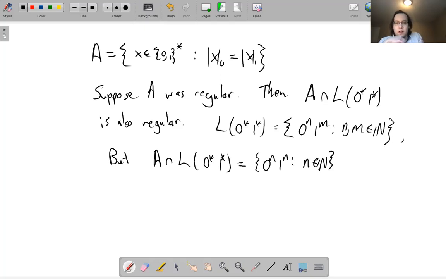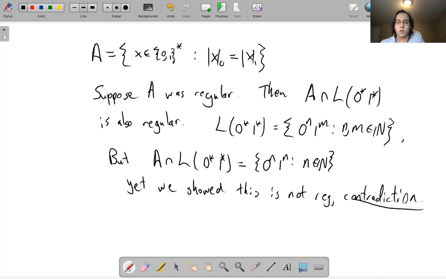That's because L has a sequence of zeros followed by a sequence of ones, and A has all the strings that have the same number of zeros and ones. So the strings that have both properties are the strings 0^n 1^n. Yet we showed this is not regular. Contradiction.